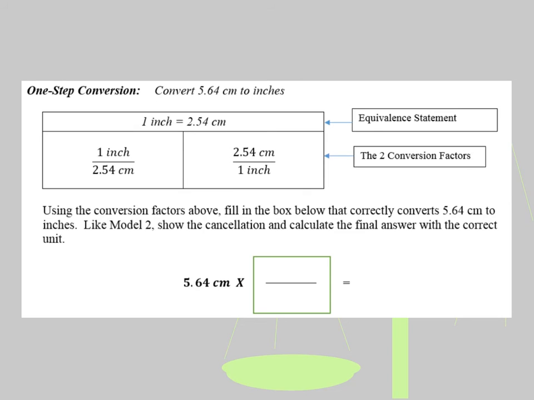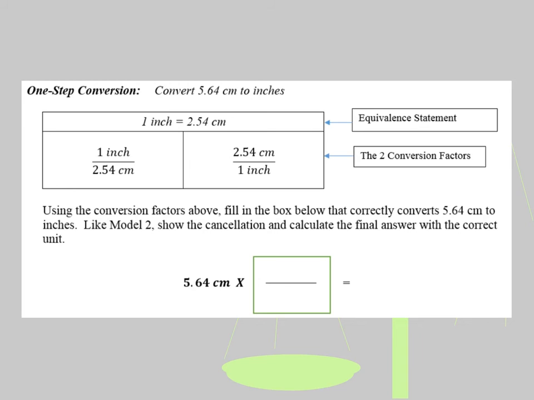Now, I have set up my dimensional analysis like it is in Model 3, in the picture above. I have 5.64 centimeters, which we are starting with, and now I need to pick which conversion factor properly goes in here. How do I cancel out centimeters? If you noticed in the model above, you need to have the unit centimeters in the bottom.